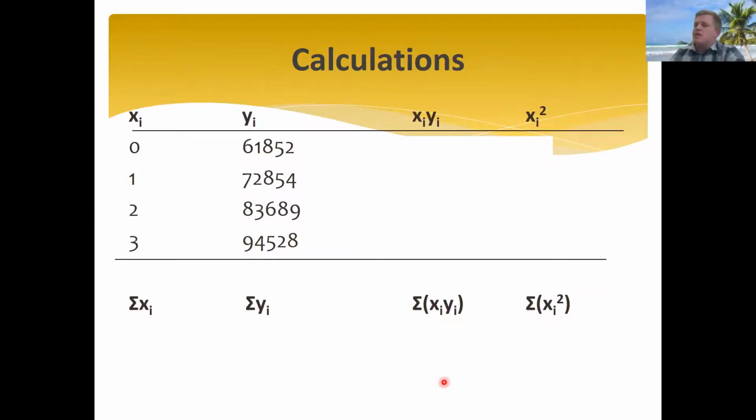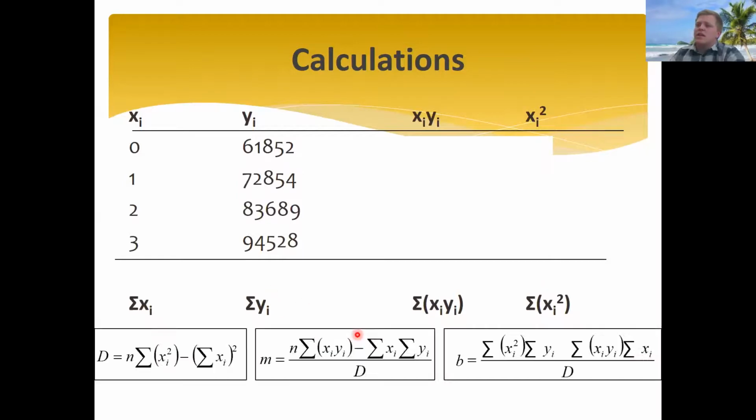Okay, so let's look at what we need to calculate here. So we need to calculate our D, M, and our B, and all of the sums in these equations are actually listed here. I've placed these conveniently for calculating them. So we have to sum up the x values, sum up the y values, sum up these other two terms.